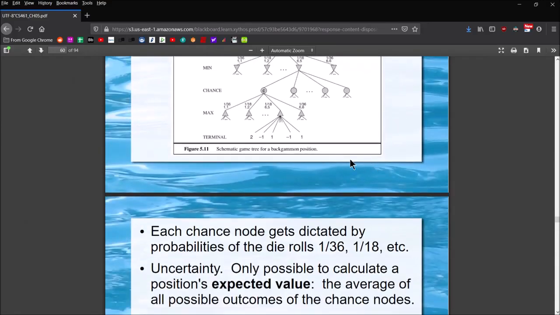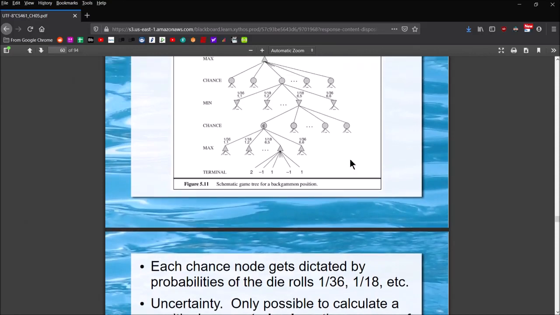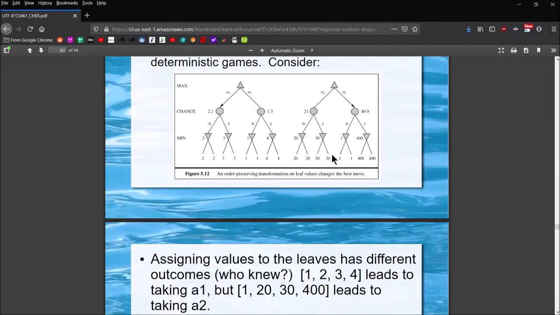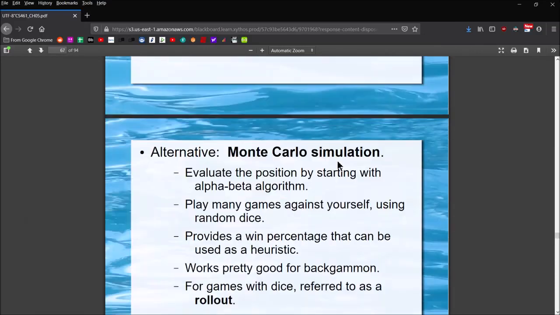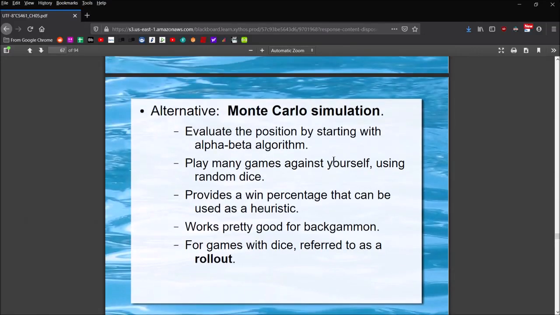Okay, and you can make this more efficient by placing bounds on certain utility values, or using certain utility values for terminal nodes. And one way you can improve your heuristic, or your value for certain positions, for certain terminal nodes, is to just play against yourself. That's called the Monte Carlo simulation. Use those winning percentages to be able to value certain moves based off of certain die rolls.